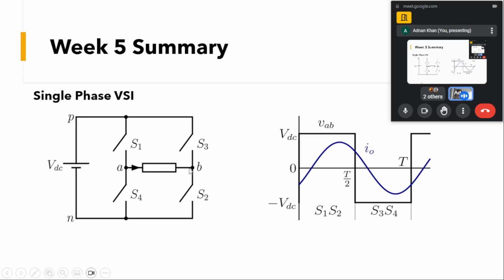So what that means, if you can see, the VAB voltage will be equal to minus VDC, because the polarity of this VAB voltage is reversed: positive now will be on B and negative will be on A. Prior to that, A was positive and B was negative. That means VAB will now have minus VDC here.